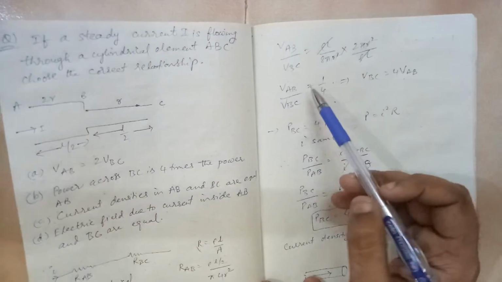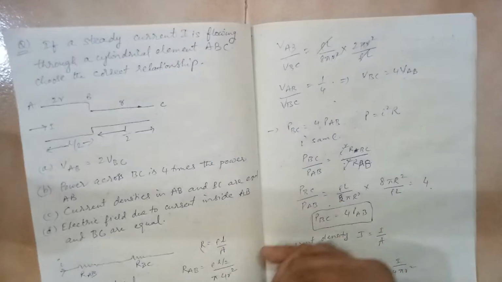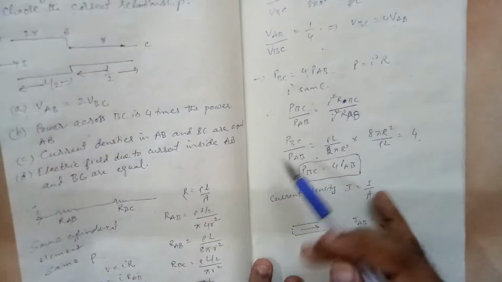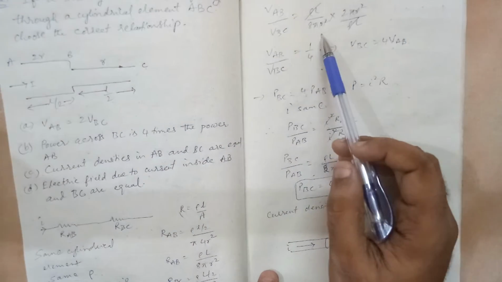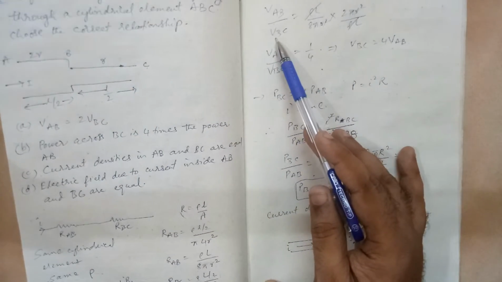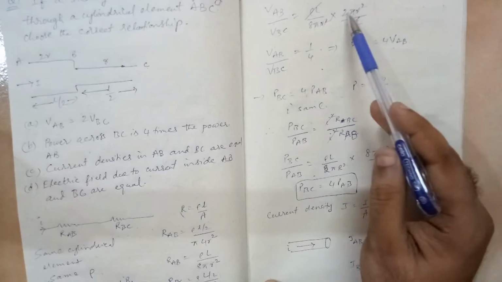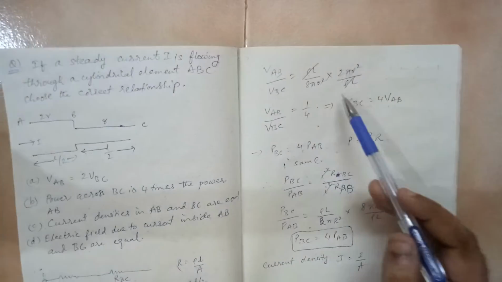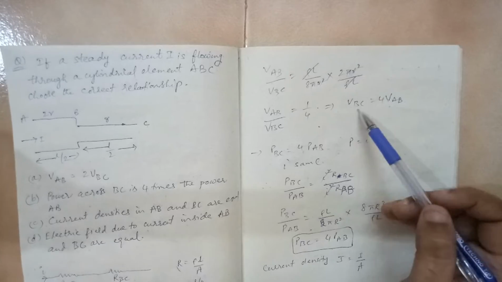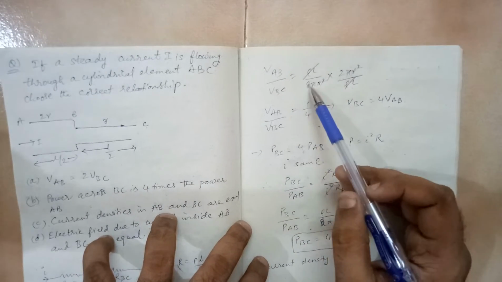So we need to just put the values now. VAB by VBC is equal to RAB, which is rho L by 8 pi r square, into the inverse of RBC, which is 2 pi r square by rho L. When you simplify, pi r square is gone, rho L is gone, and you get 1 by 4.